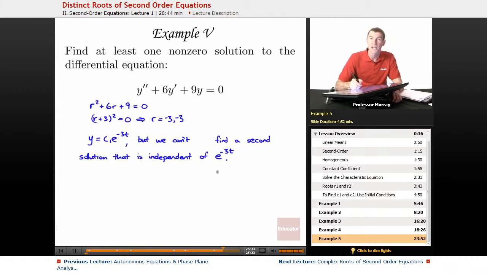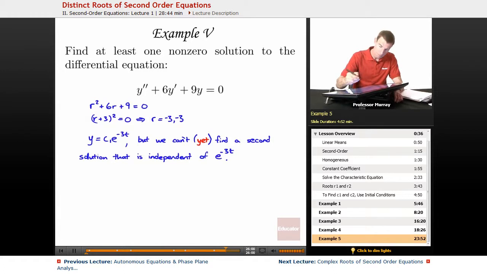Now I left a little space here after the word can't because this is actually the subject of a later lecture. So I'm going to say we can't, I'll put that in red, we can't yet find a second solution, because a couple lectures later we'll figure out what to do with repeated roots. But in the meantime, we don't know how to solve that.